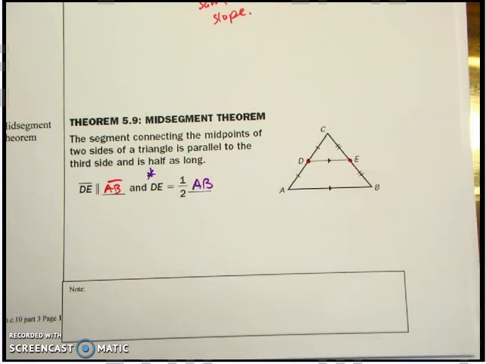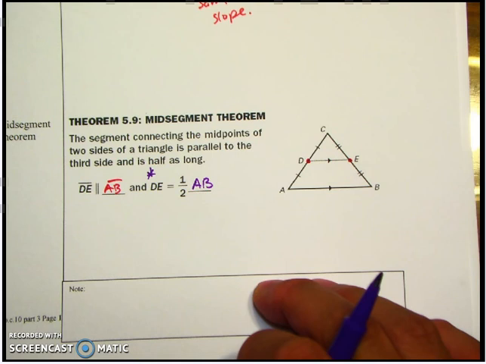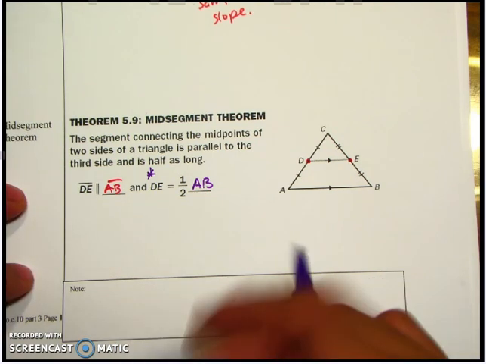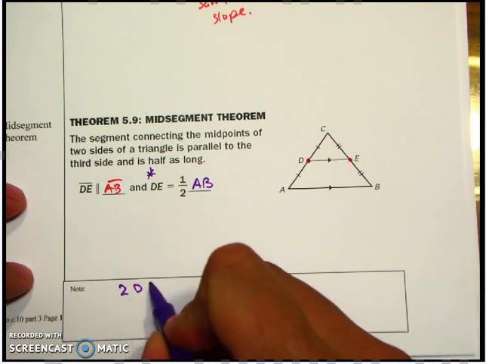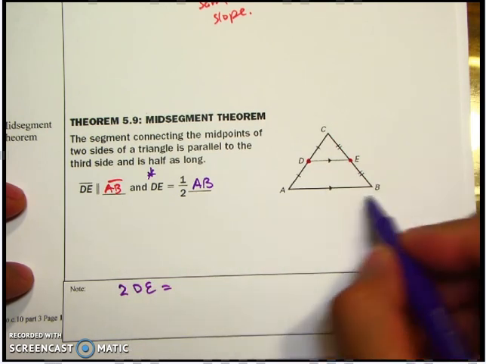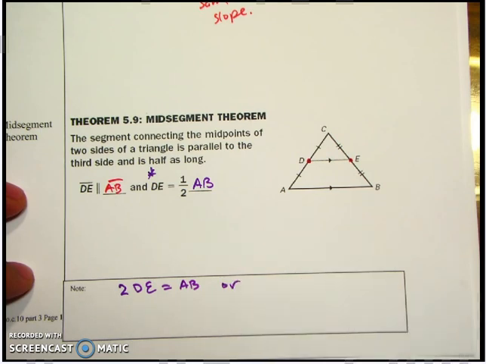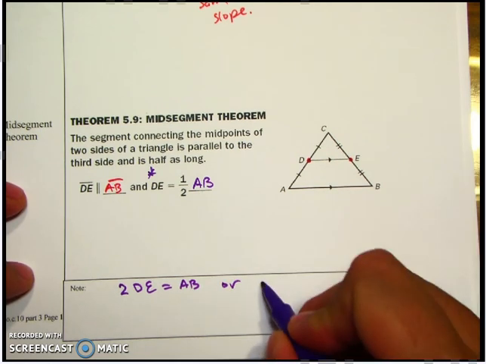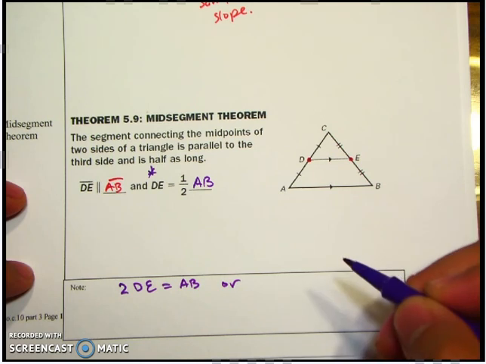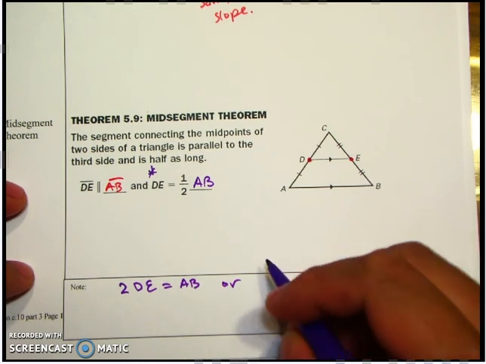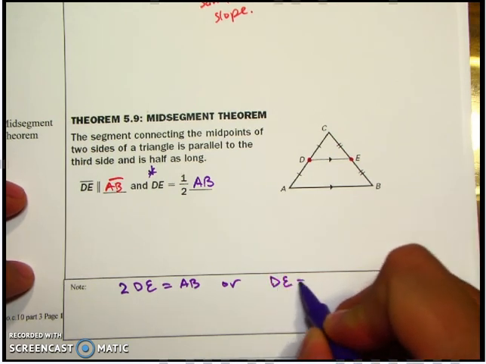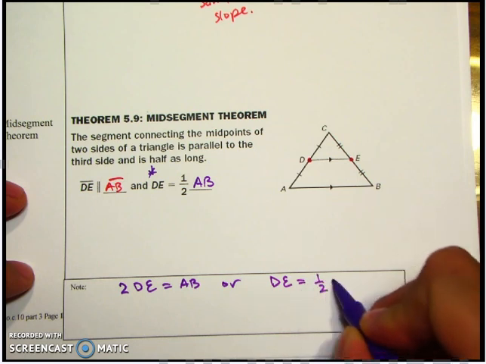Now, to make sense of this, really, all it's saying is, you just need to know that 2DE is equal to 1AB, or another way to say it is that DE is going to be half of AB.